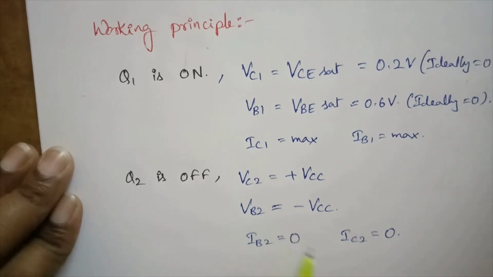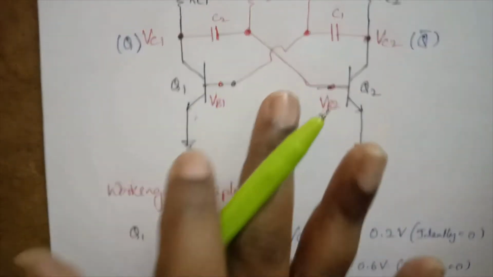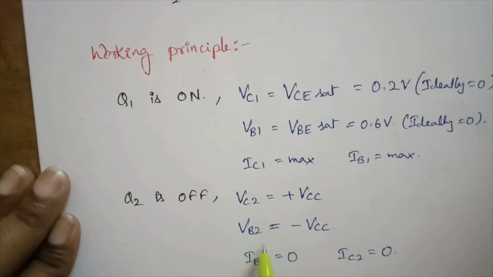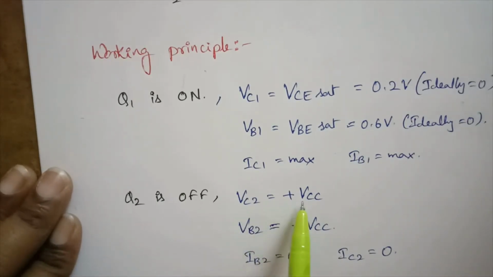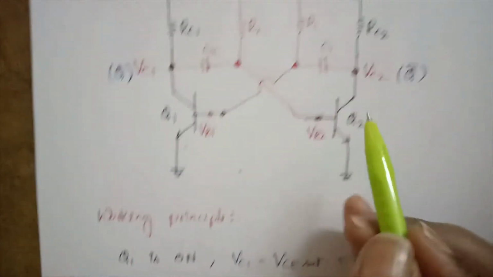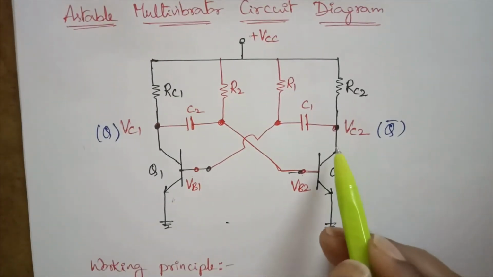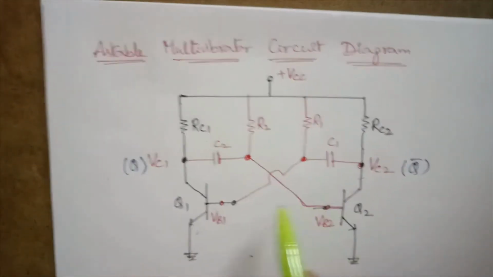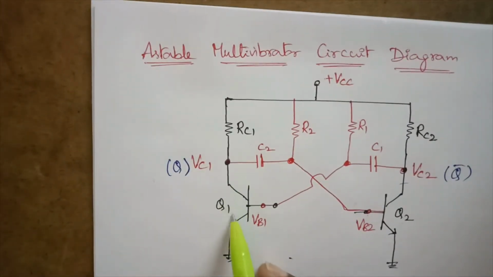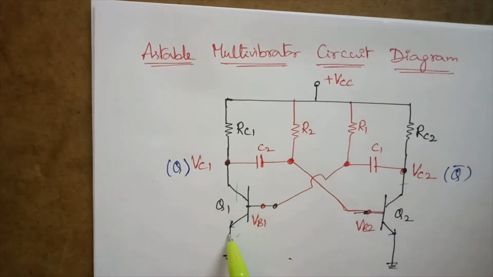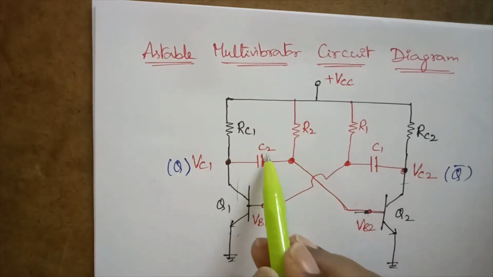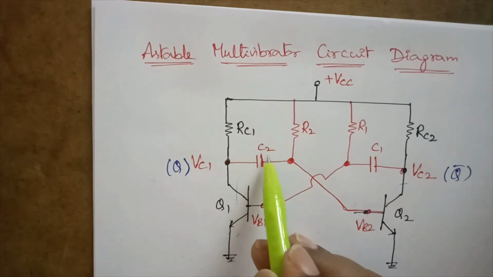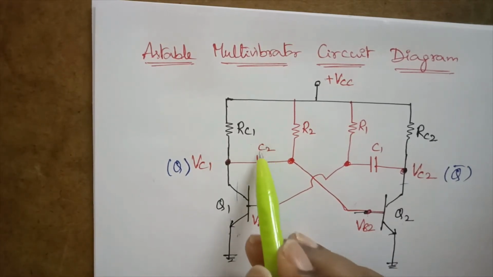Initially this is the condition. Now VC2 is plus VCC and VB2 is equal to minus VCC. That means this transistor is off, therefore here it is an open circuit. This transistor is on, therefore we are getting a closed path here. Therefore the capacitor C2 starts charging.